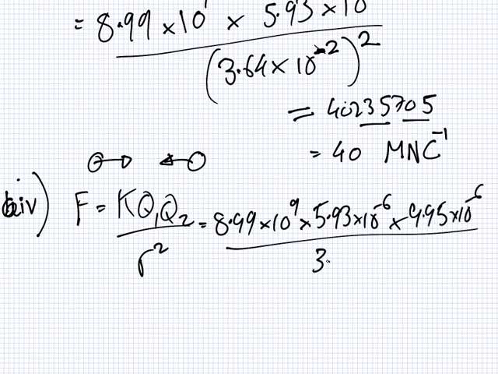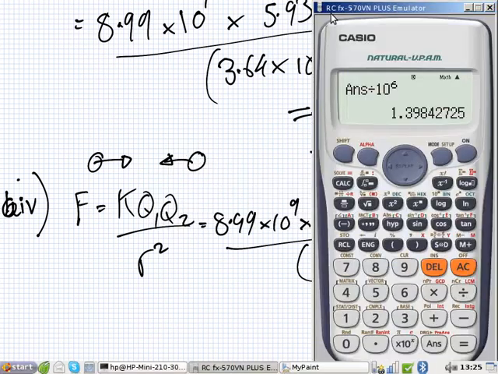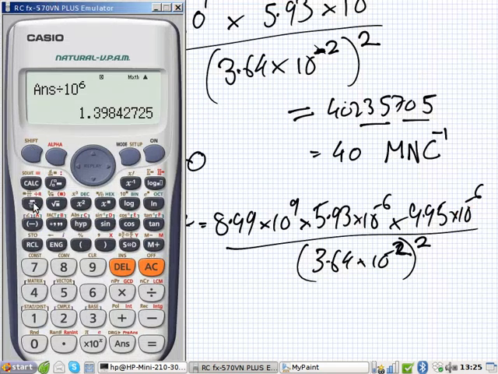Over the radius, which is 3.64 times 10 to the minus 2, squared. 400 newtons. Yeah.